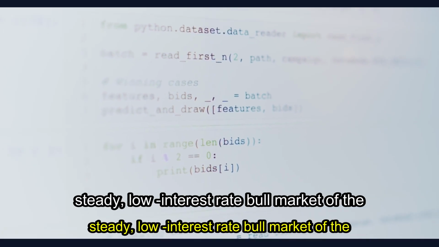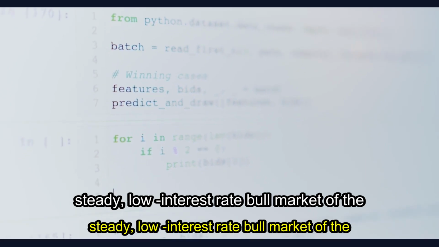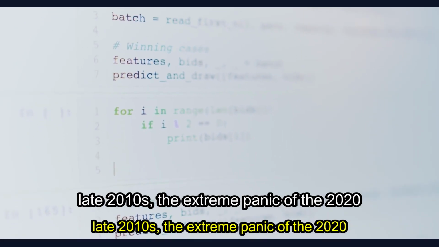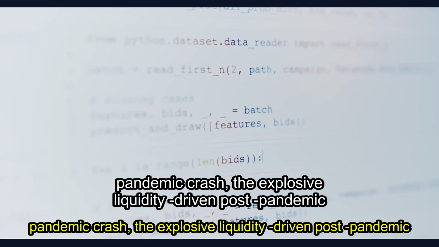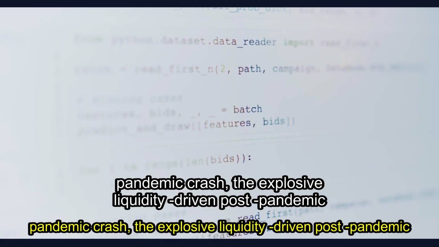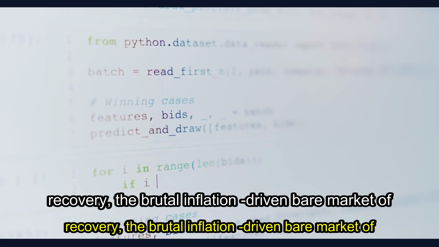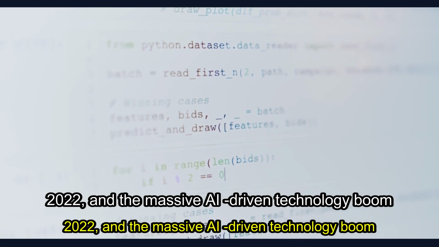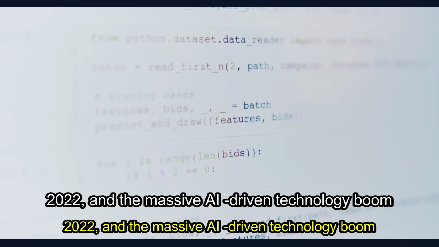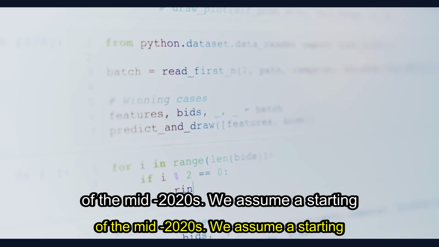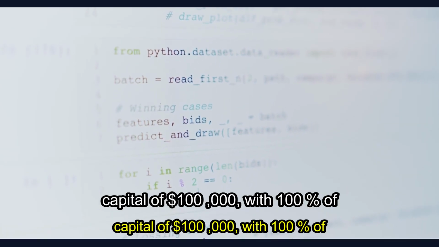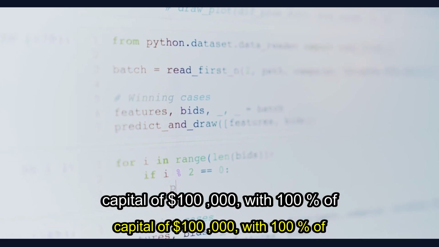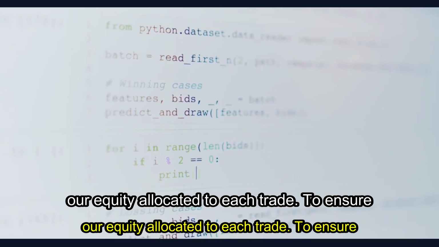It includes the steady, low-interest rate bull market of the late 2010s, the extreme panic of the 2020 pandemic crash, the explosive liquidity-driven post-pandemic recovery, the brutal inflation-driven bear market of 2022, and the massive AI-driven technology boom of the mid-2020s. We assume a starting capital of $100,000, with 100% of our equity allocated to each trade.